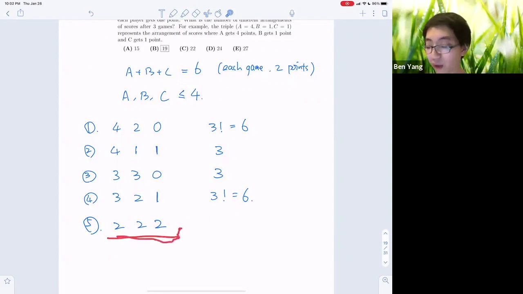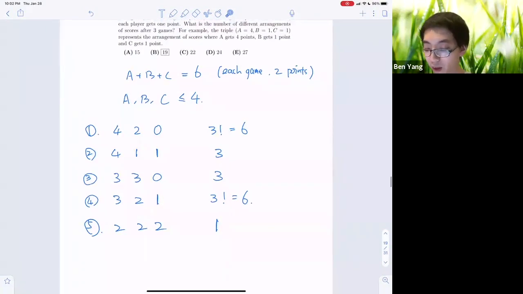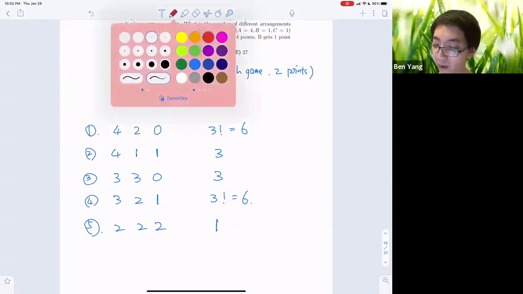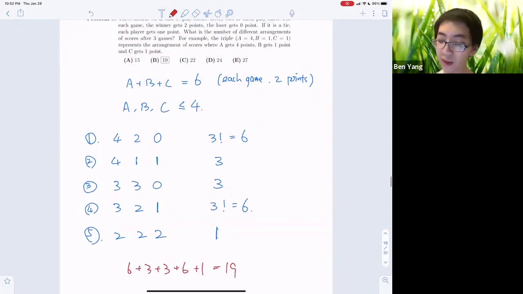All of them got 2 scores. So there's only one case because all of A, B, C have 2 points. All right, so that's it, and we can take the sum. So 6 plus 3 plus 3 plus 6 plus 1, and that's 19. So the answer is B, 19.